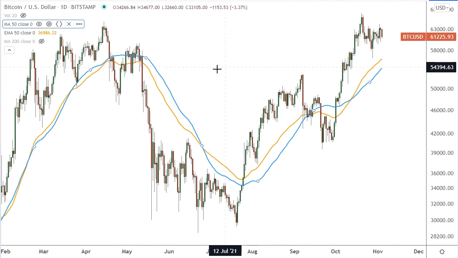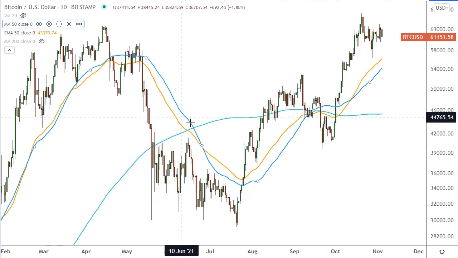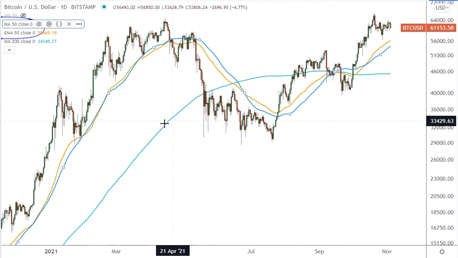So there are your two most popular ones, the simple moving average and the exponential moving average, and basically it's taking the last X periods. In this case, I'm using 50 as an example, the past 50 periods, and it's rolling some kind of average over that. Now we can do other things to manipulate these moving averages. I mentioned a moment ago that we can change the period from 50.